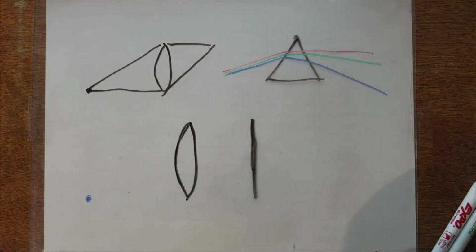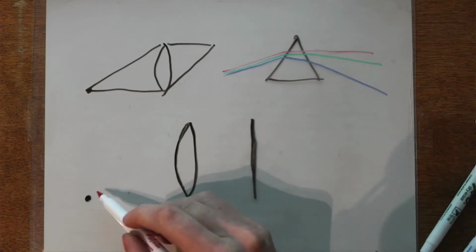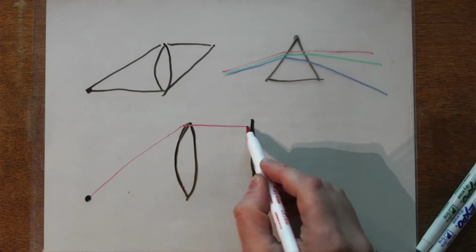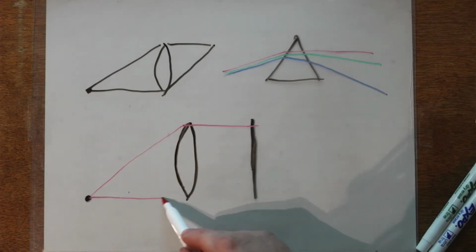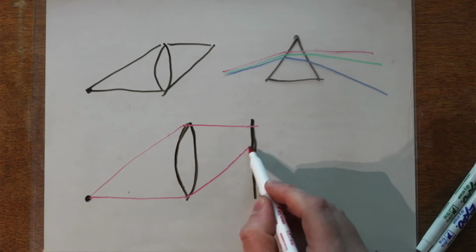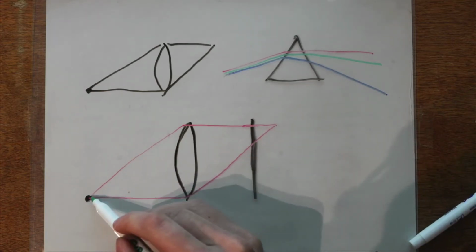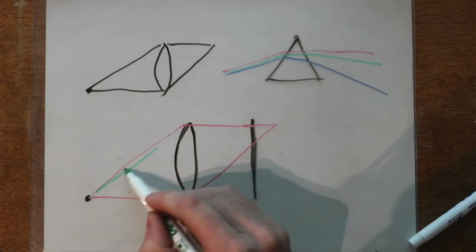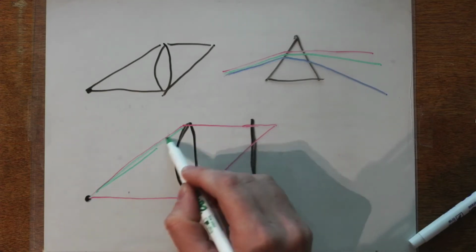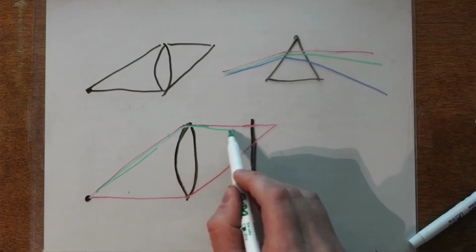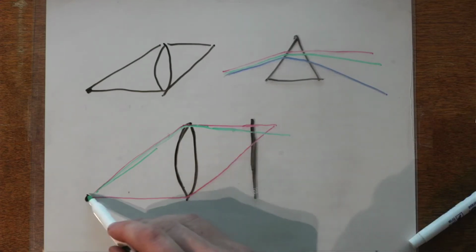Let's say we have a white light, so even amounts of blue, red, and green. We are going to have a red that bends less. We're going to have a green, on the same path, that bends a little more.